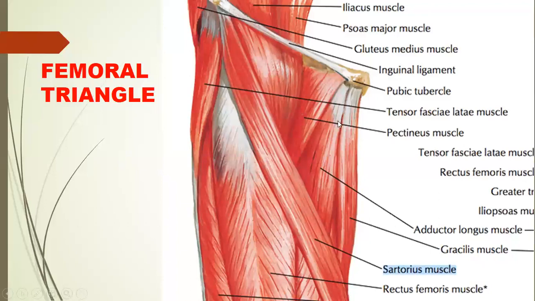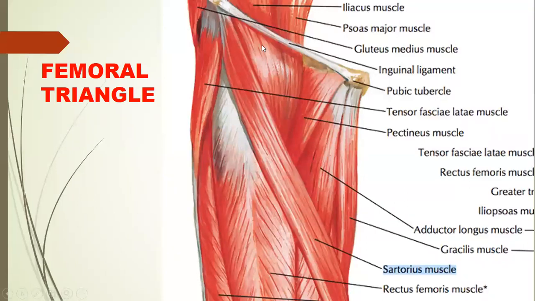Remember that the adductor longus, in addition to forming the medial border of the femoral triangle, also forms part of the floor of the femoral triangle. So the adductor longus is included in both the medial border as well as the floor of the femoral triangle. So all these muscles, from lateral to medial side, contribute to the formation of the floor of the femoral triangle.